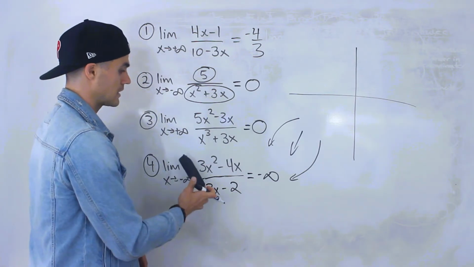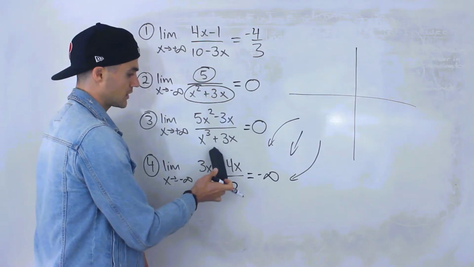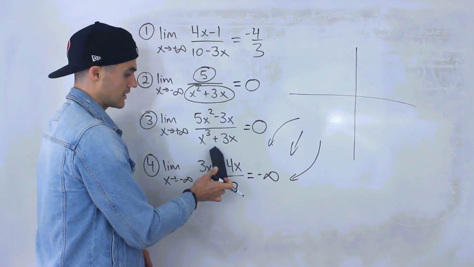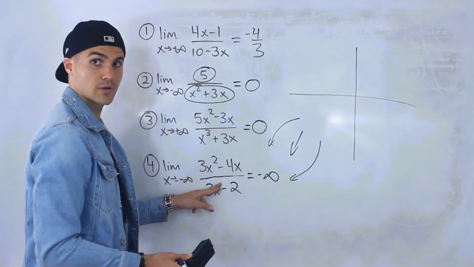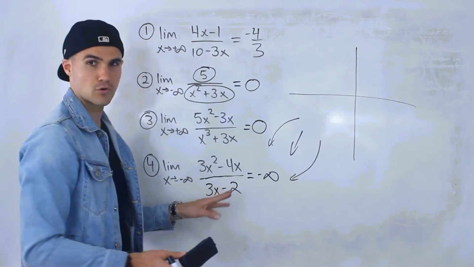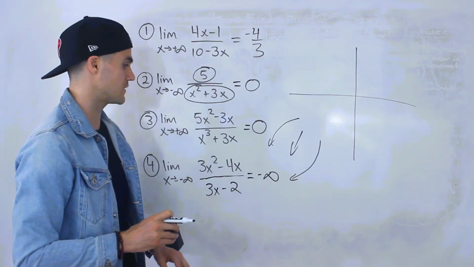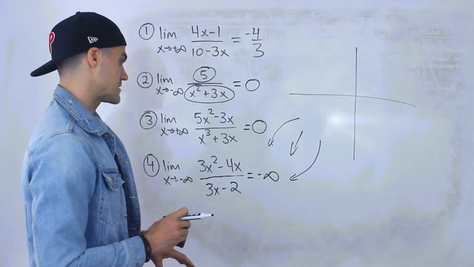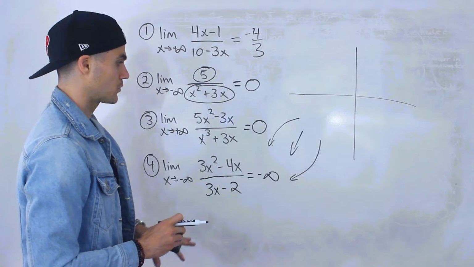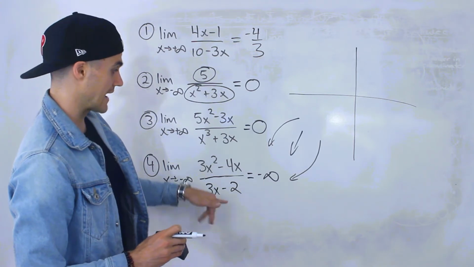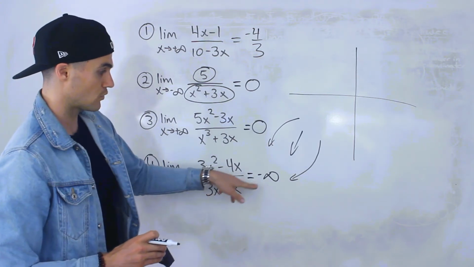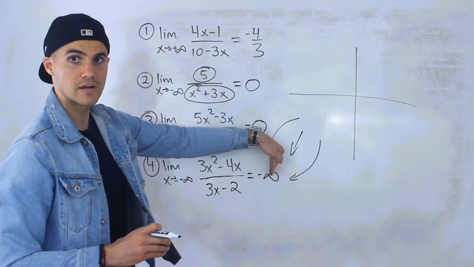There's actually going to be an oblique asymptote because the degree of the numerator is 1 larger than the degree of the denominator, if you remember from advanced functions. But anyway, we're not going to be worrying about graphing. All I know is that as x approaches negative infinity, the y values are going to approach negative infinity as well.